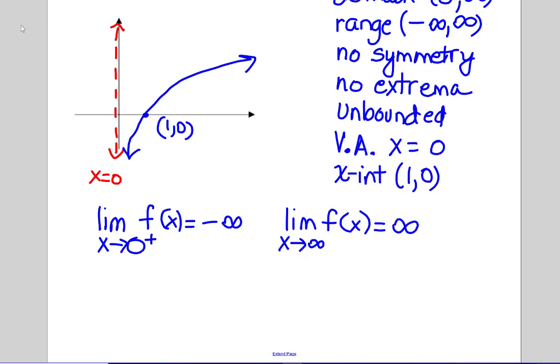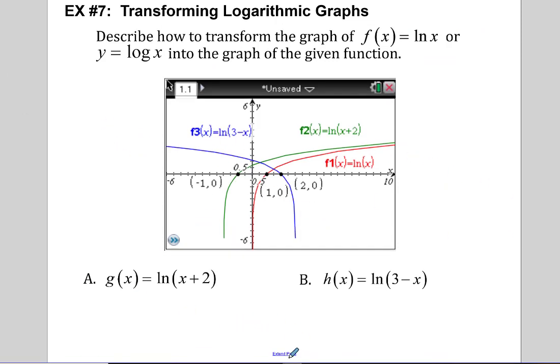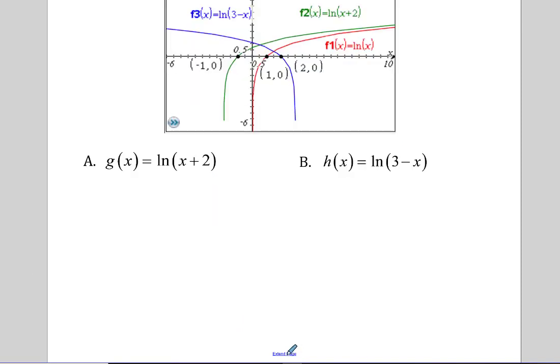Now that we know the parent function, we want to be able to transform it, and I've shown you here a slide of the graphs, but let's do each one of them individually. So if we have natural log of x plus 2, that's this green graph here, and that graph has moved us 2 units to the left. We have a vertical asymptote at x equals -2.